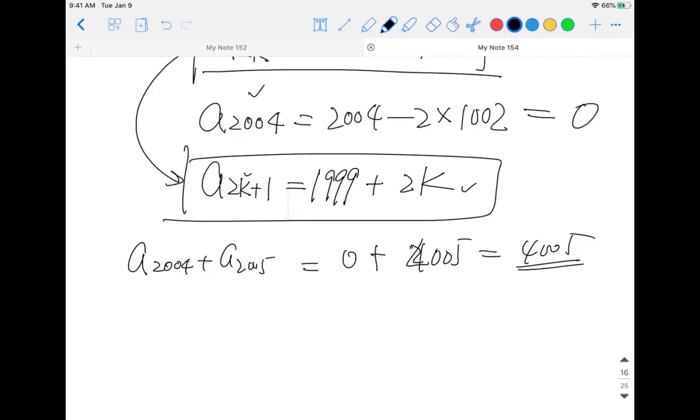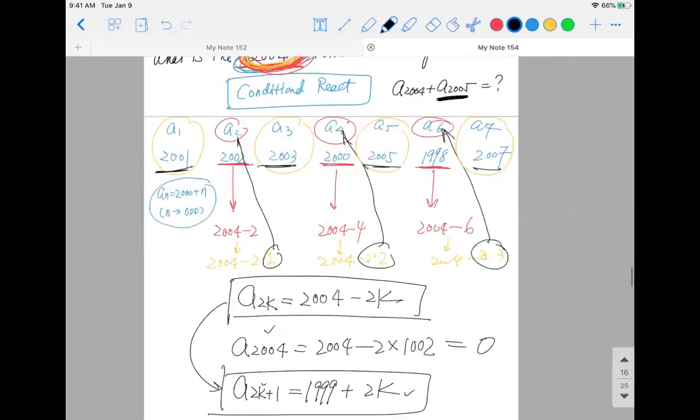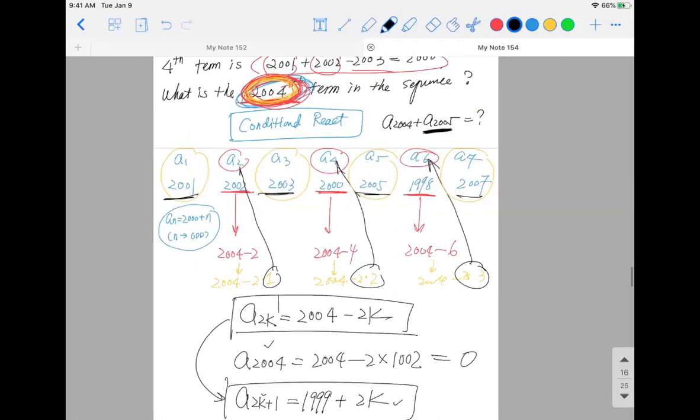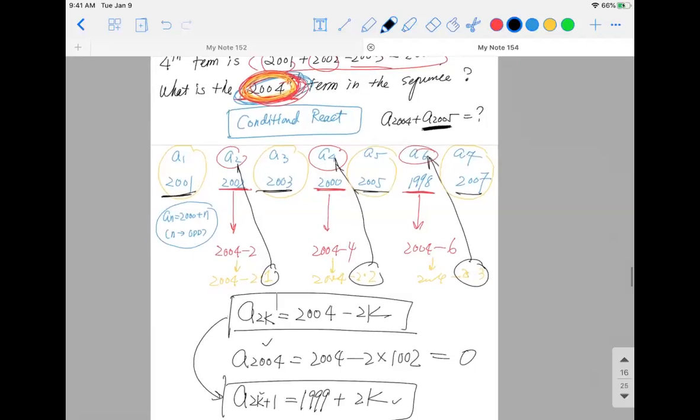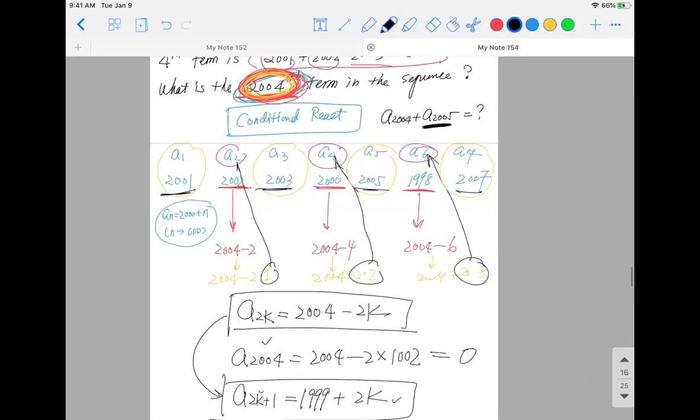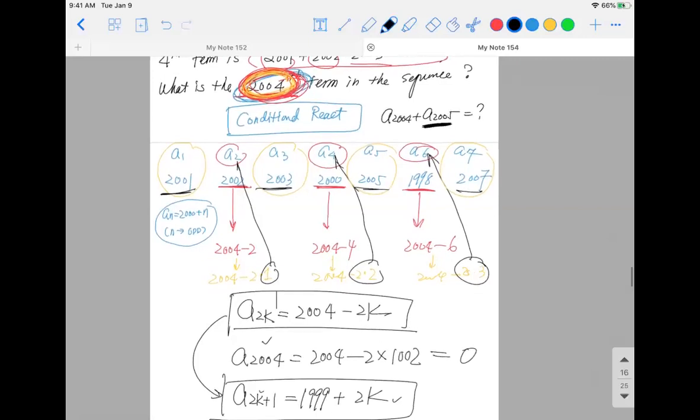So this problem, what I want to show you guys is that, first of all, you need to find a pattern. Always find a pattern. Second, the pattern might not be so universal for the entire sequence. It might be the even term has a pattern, odd term has a pattern, or maybe the 1, 3, 6, 9 terms have a pattern.